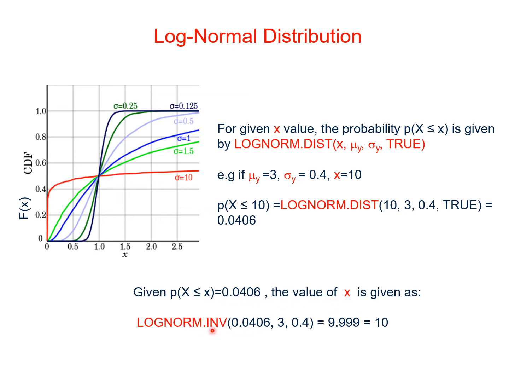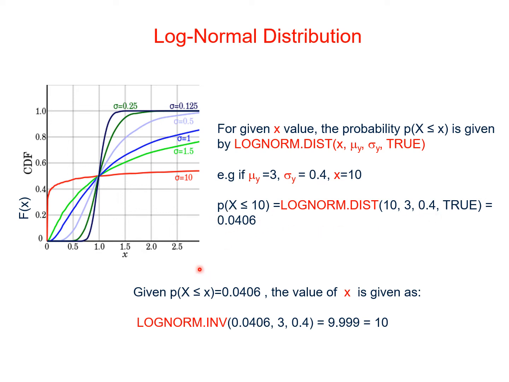You can also calculate the inverse of log normal, and this function is not available for all distributions. The inverse value means that if you know the probability, what is the value? So first, if you know the event, what is the probability of the event being x less than or equal to 10, then you just use LOGNORM.DIST in Excel, and 10 is the value, and mu y and sigma y values and true, and you get 0.0406.